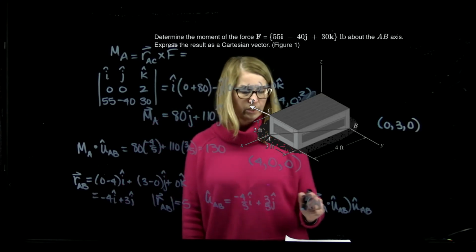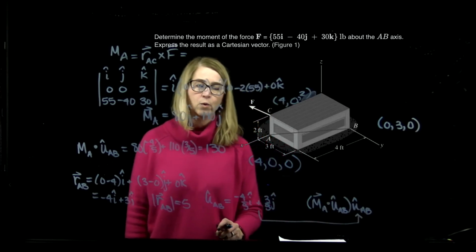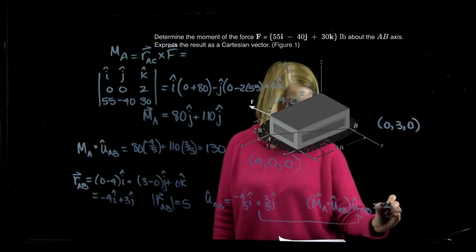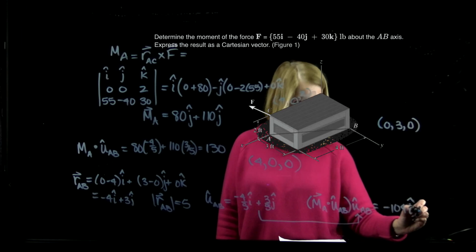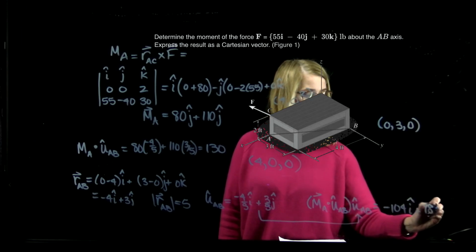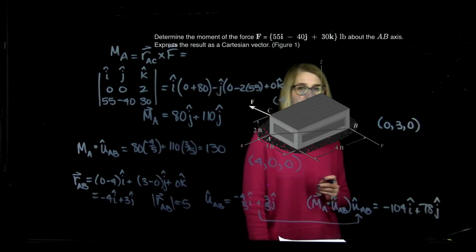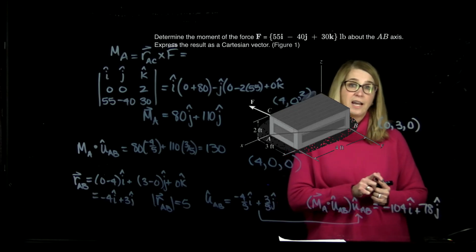And so if I substitute in the unit vector, I end up with these x and y components. And that is how I can find the moment about any arbitrary axis.